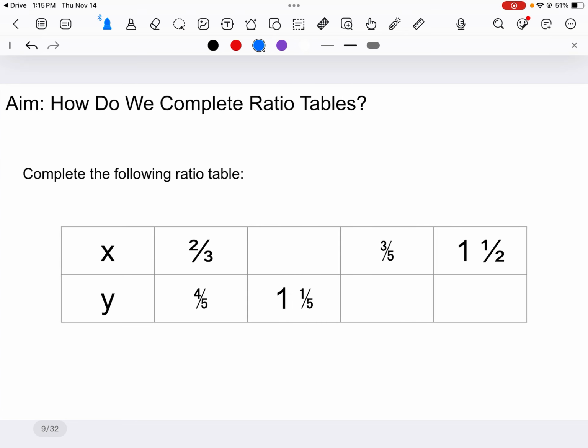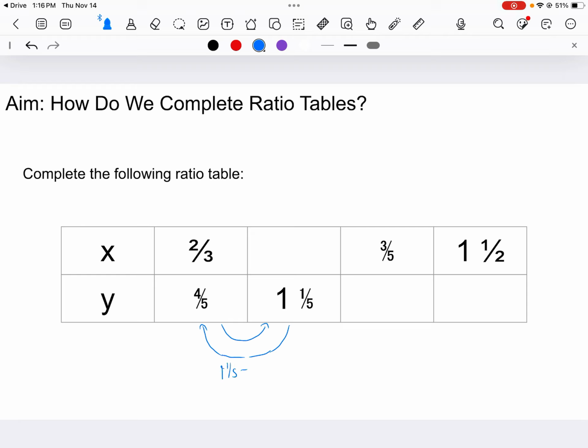And one more to look at. Same idea. We have fractions now. So I'm going from 4/5 to 1 and 1/5. I don't know what it is to multiply, so I'm going to go the opposite way and do my division to determine what I'm multiplying by.